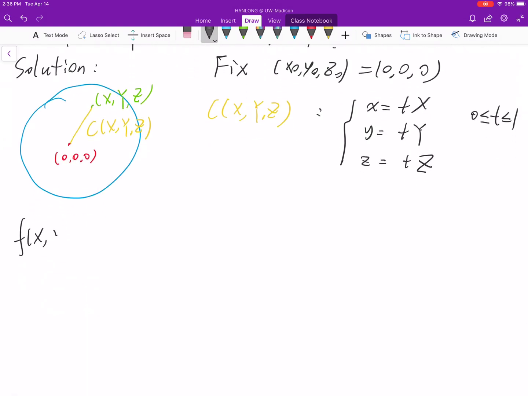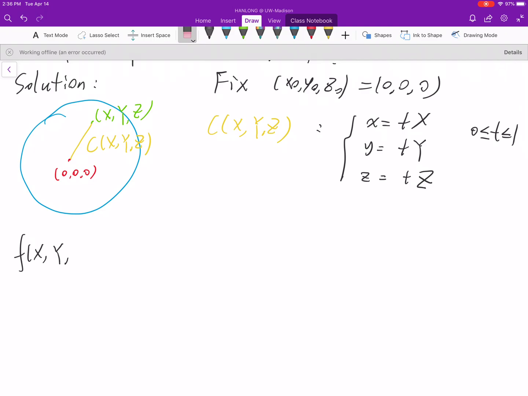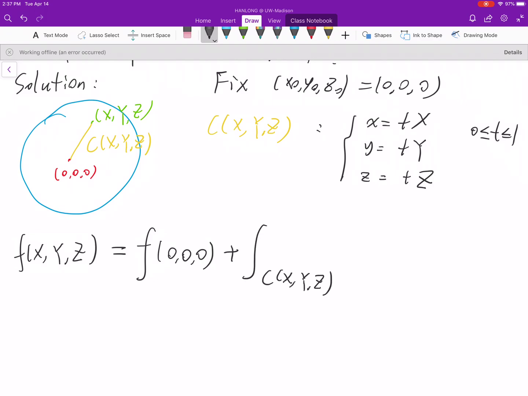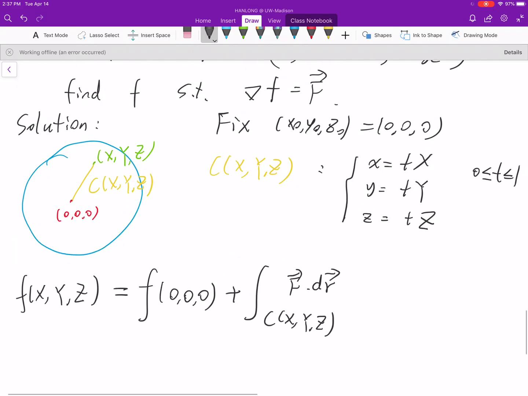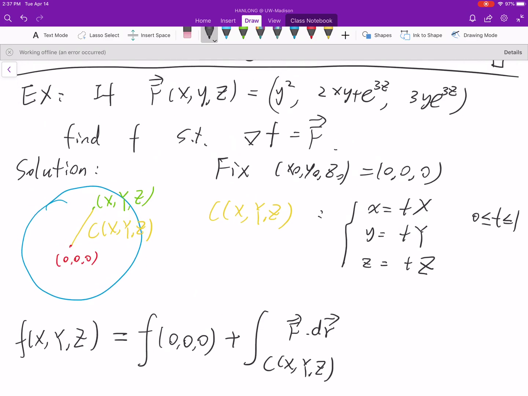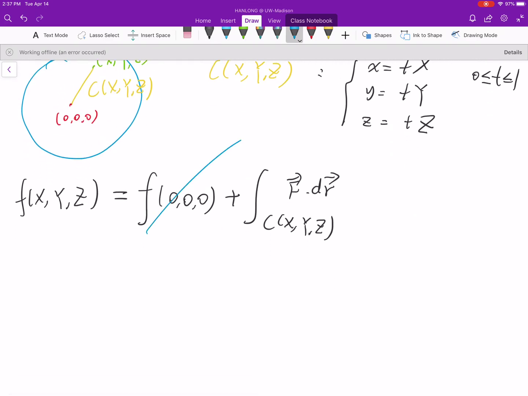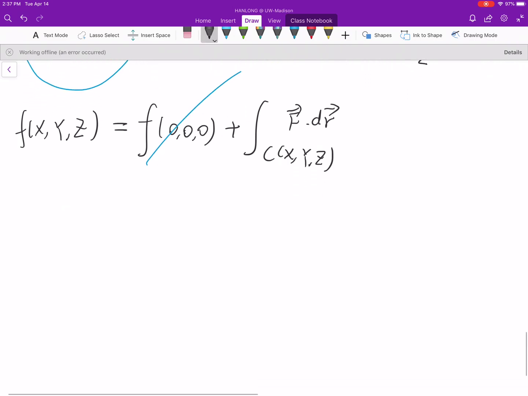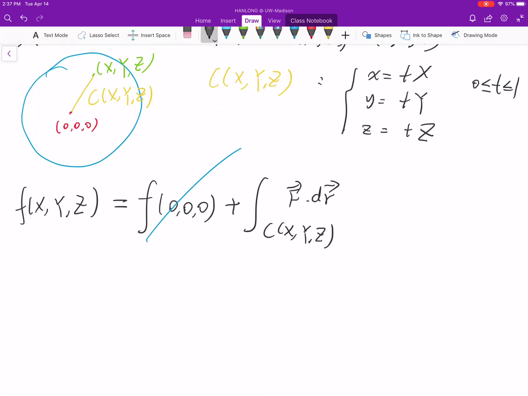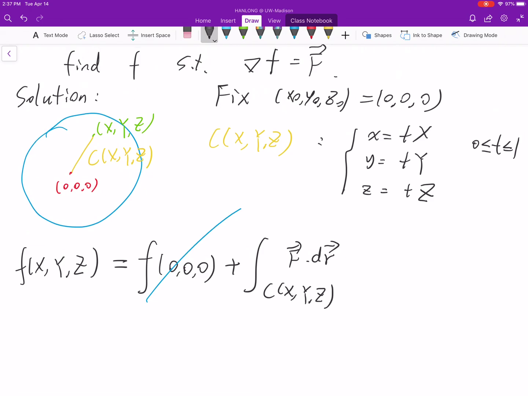And now, by our formula, f(X, Y, Z) can be computed by f(0, 0, 0) plus the integral over C_XYZ of F dot dr. Notice that when you plug in 0, 0, 0, you have 0, so you don't need to consider this one, and you only need to figure out the line integral for this specific curve.